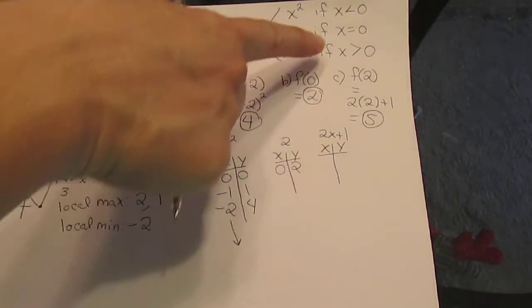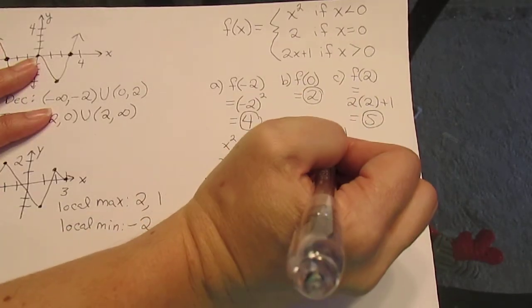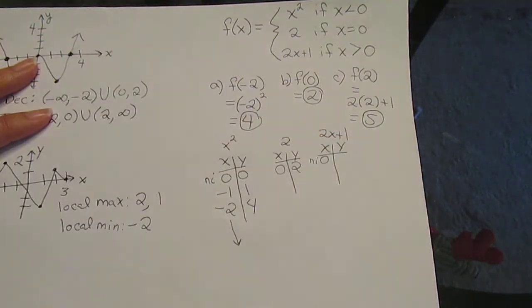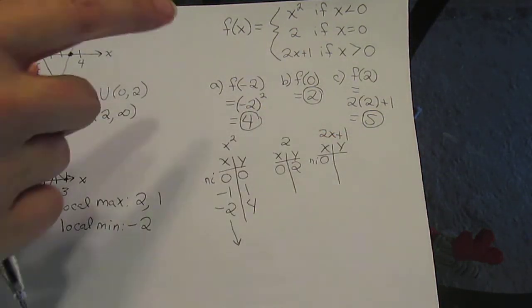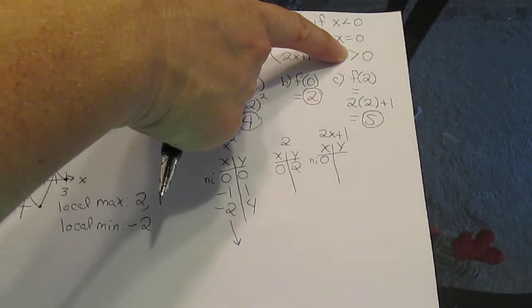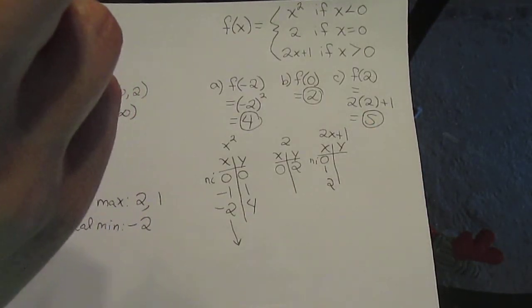Looking at our third table, well, we want values that are greater than 0 now. Again, I'm going to put 0 here. It's not included because there wasn't an equal sign with it, so I'm going to put an NI there to remind myself, don't put a closed circle. And then I want values bigger than 0, so I'm going to pick 1, 2, and it could also keep going.